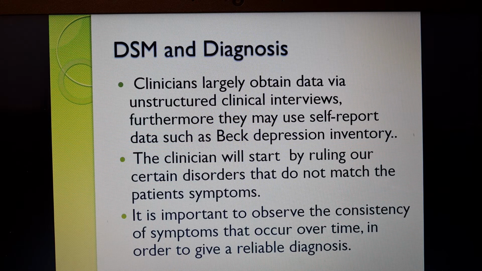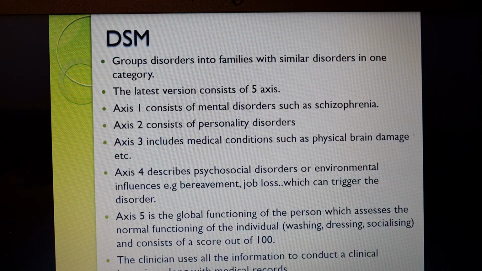So rather than ticking a box saying yes, you have this, and you have this, they will look at what they actually don't have, almost like shortlisting a list of disorders which could be potentials. It's important to observe the consistency also over time, so looking at how often those symptoms do occur, and that again enables the clinician to give a more reliable diagnosis.